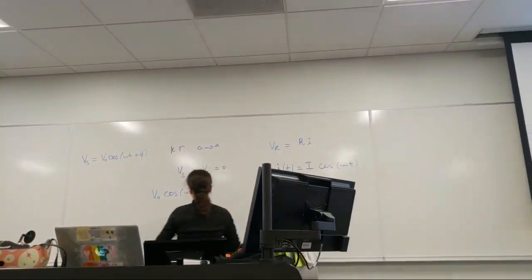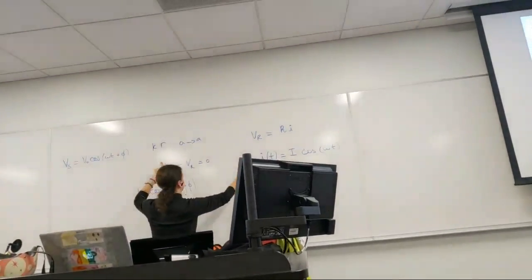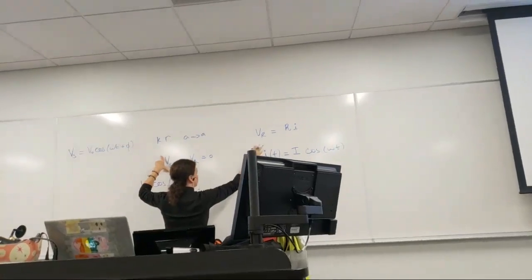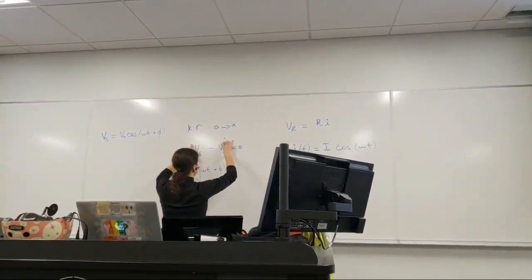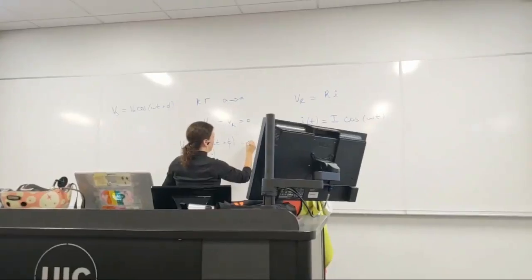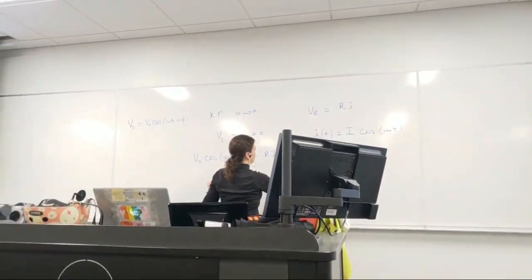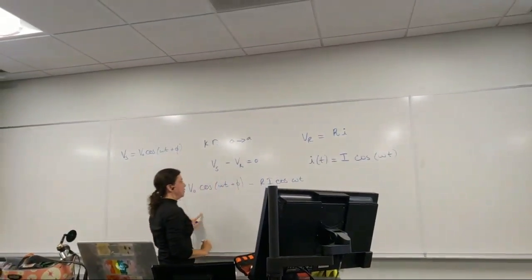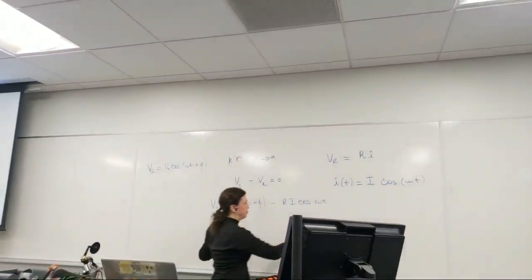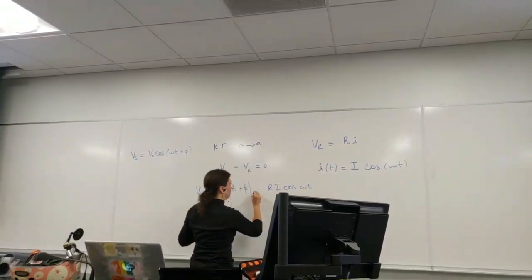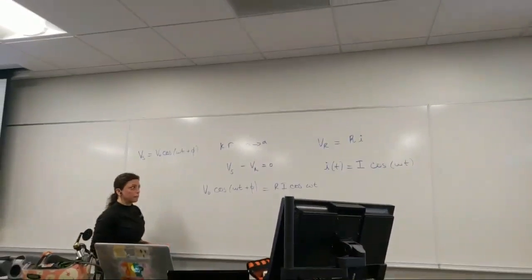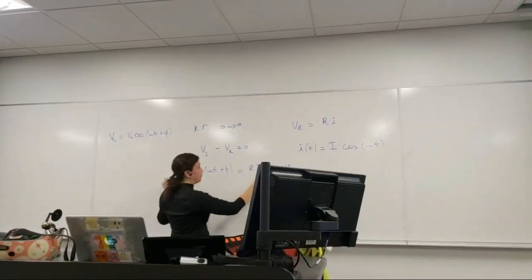So if I put these proposed forms into my Kirchhoff's equation, I get minus R I cosine omega t equals 0. How are these two equal to each other?